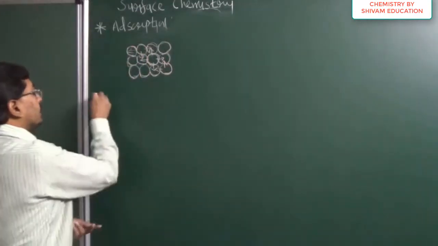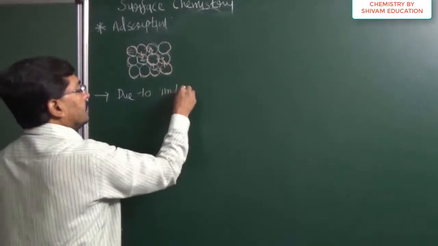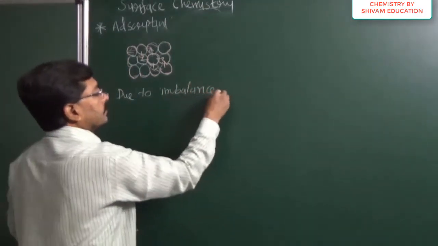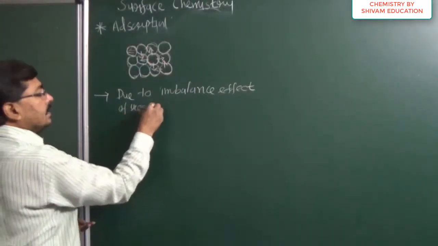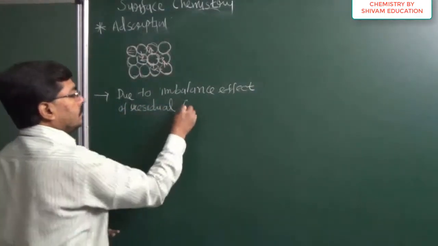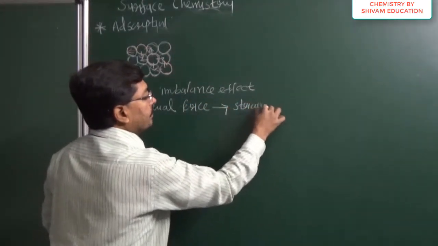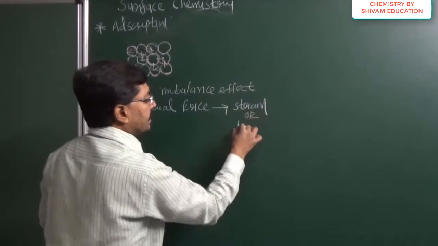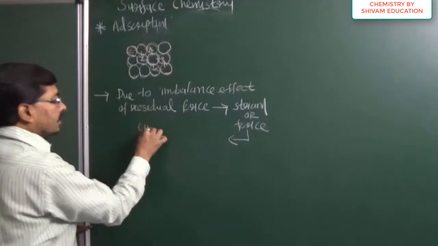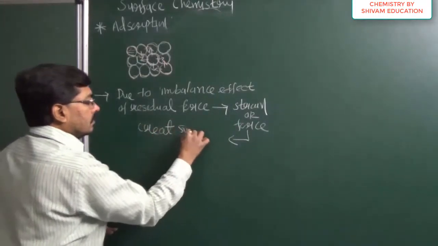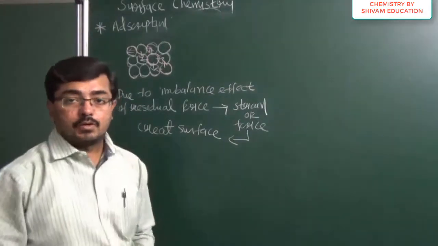So we can write that due to imbalanced effect of residual forces, one type of strain or attractive force is created on the surface. Because of this, surface molecules are effective for attraction of other molecules.